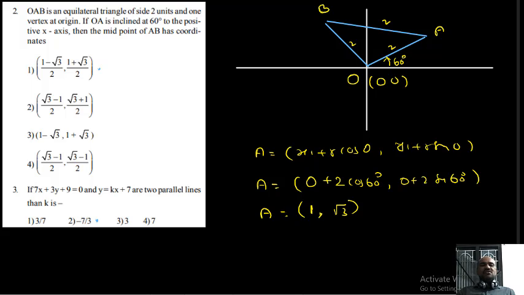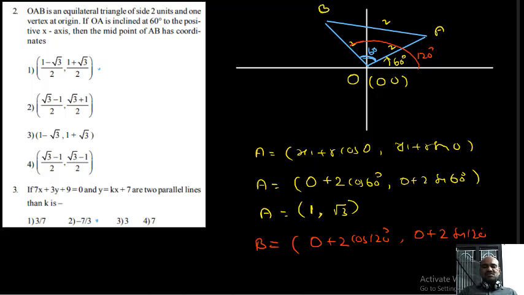So we got A. Now we want to find B. To find B, again you need to know its inclination. It is already an equilateral triangle, so this is 60 degrees, and this is another 60. The total inclination of OB is 120 degrees, 60 plus 60. Directly I can write B as 0 plus 2 cos 120 comma 0 plus 2 sin 120.